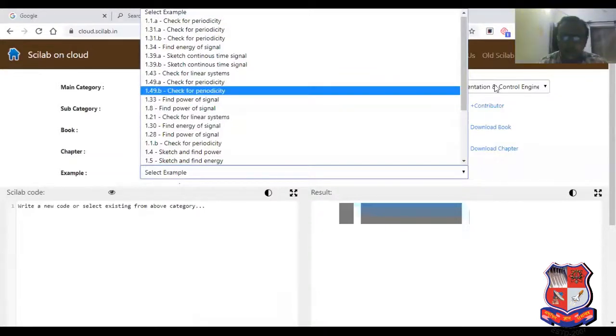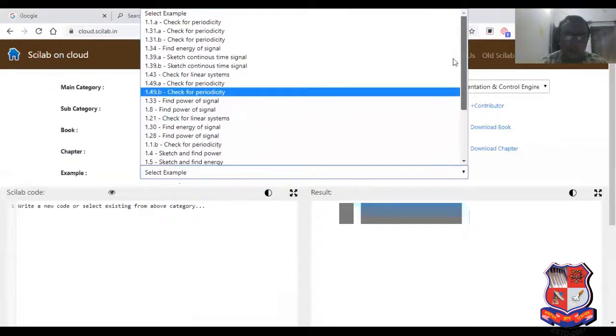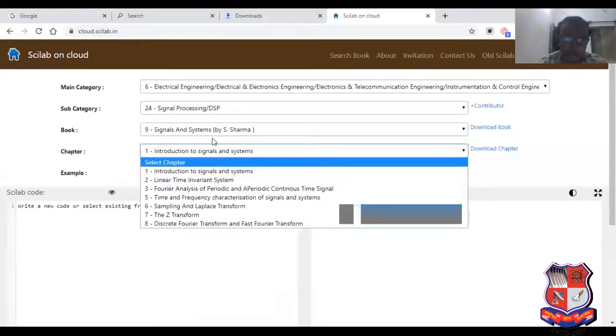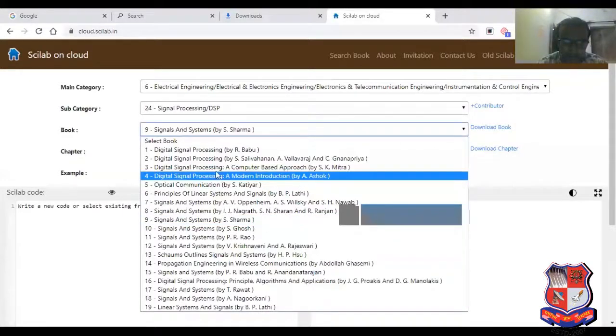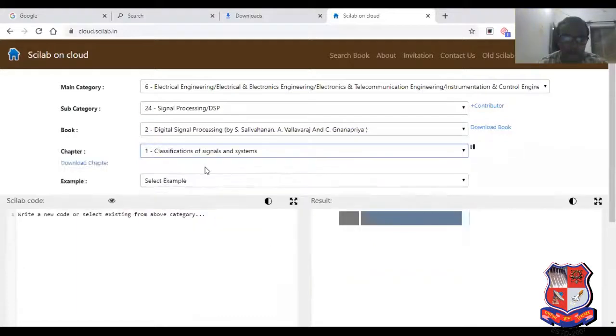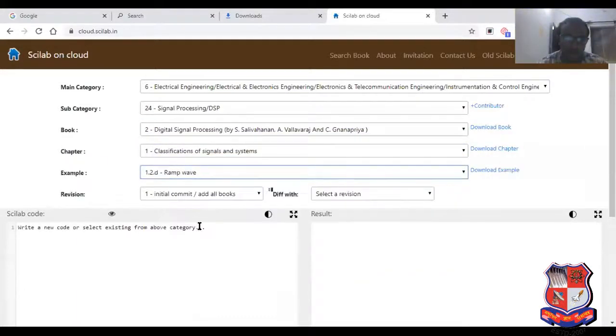See this entire coding from the screen. The entire coding is given here in depth. If you refer to the Sanjay Sharma book or the S. Salivahanan book, you will also find the classification of signal and system. See this ramp wave.